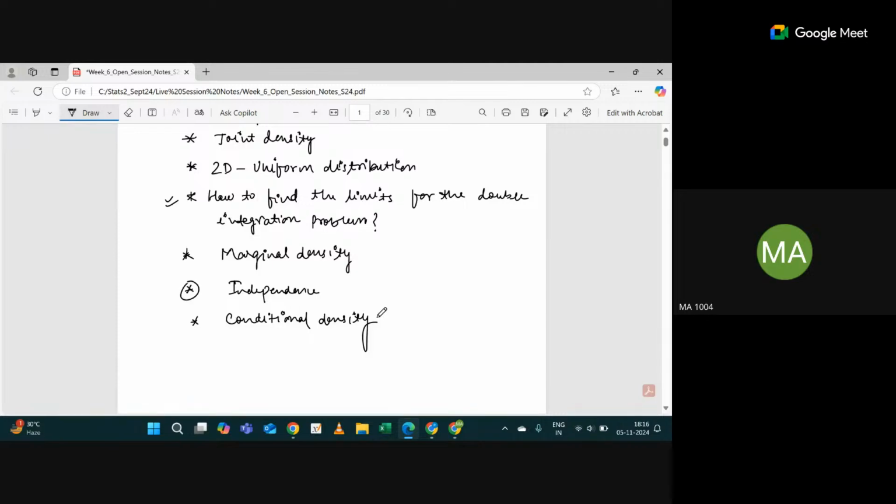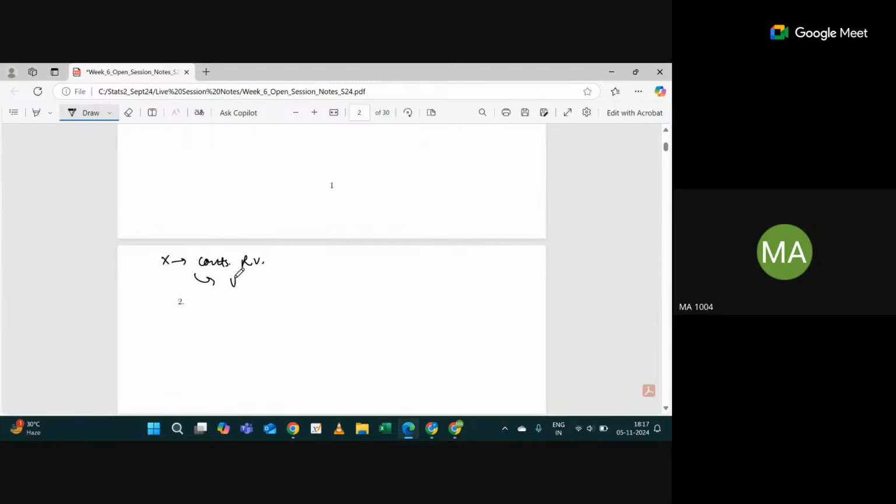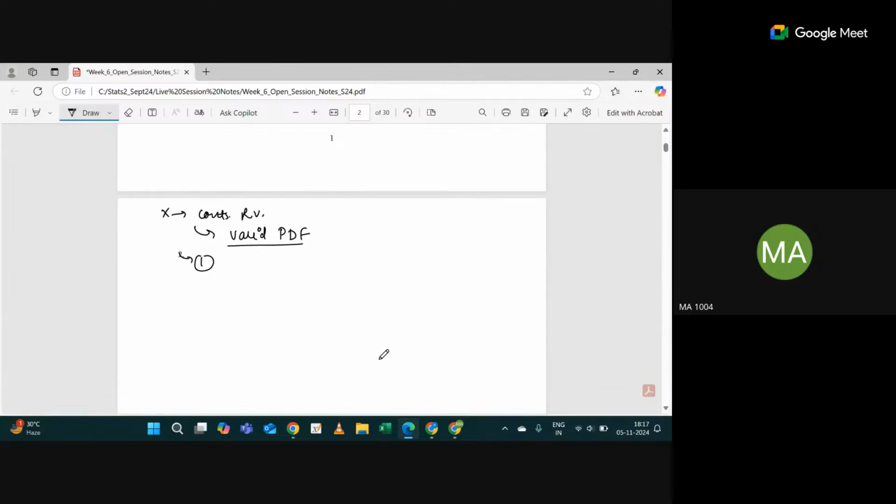So for a single random variable, let's say X is a continuous single random variable. How will you identify that for this X, you have a valid probability density function? What are the criteria? Anyone can recall?